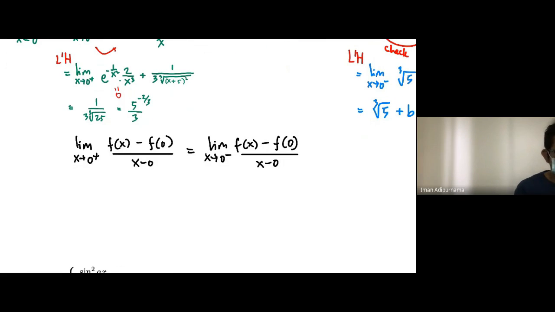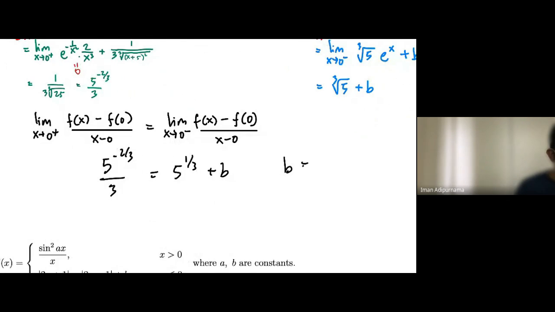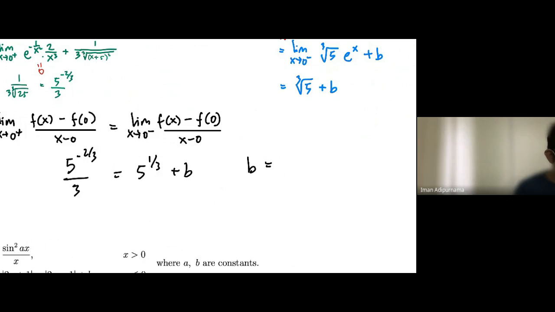So this will be 5 over 3 equal to 5 plus b. So b will be 5 over 3 minus 5.